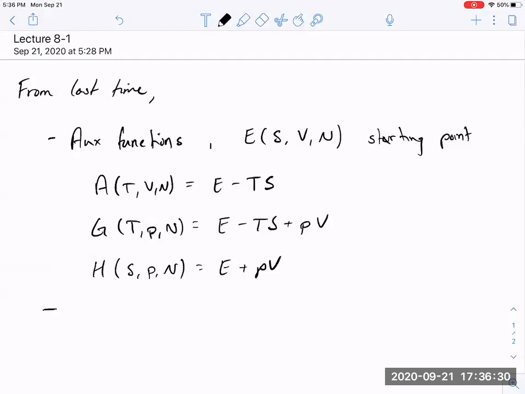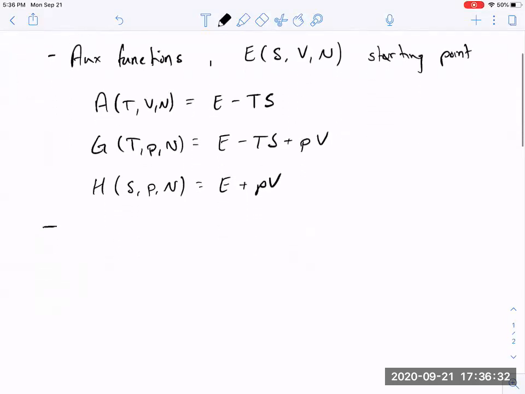Okay, so just like we can invent auxiliary functions that depend naturally on different variables, we've introduced microscopic connections between those auxiliary functions.